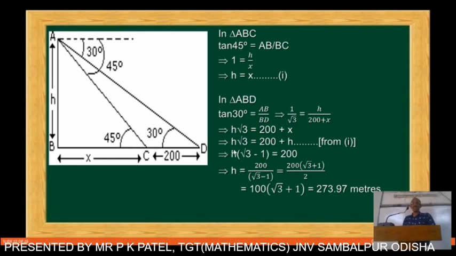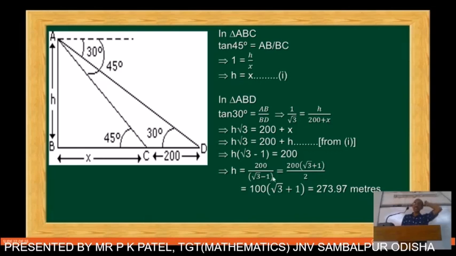That implies H root 3 equal to 200 plus, in place of x you can write H because x equal to H. Then taking this H to left hand side, we will get H into (root 3 minus 1) equal to 200. So H is equal to 200 by root 3 minus 1.